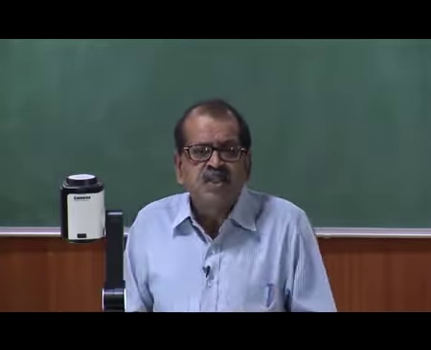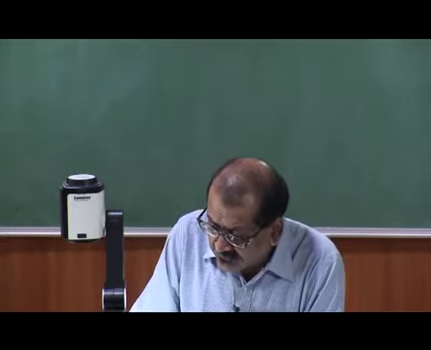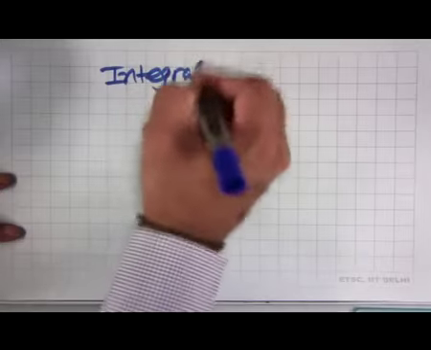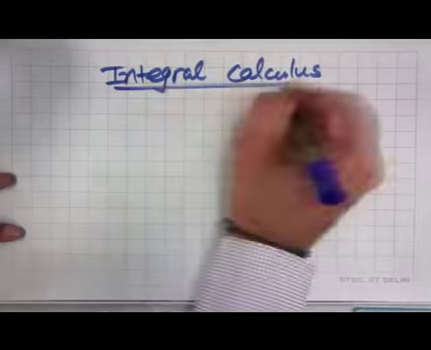There will be more maths we will be needing, but we will see those as and when we need. The other thing we need slightly is some elements of what we call integral calculus.